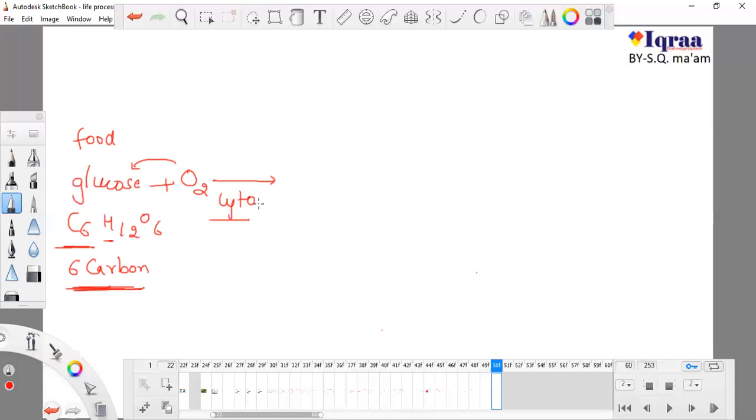Glucose has 6 carbon, so the oxygen breaks down glucose into two molecules of 3 carbon, since 6 divided by 2 is 3. So one glucose molecule is broken down into two molecules, known as 2 pyruvate.